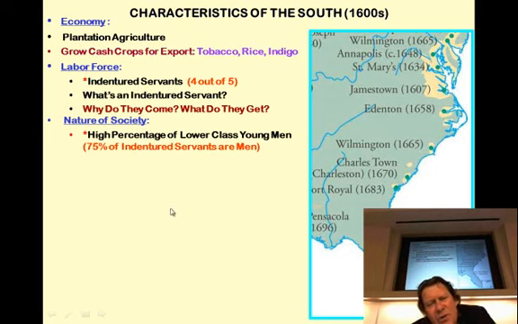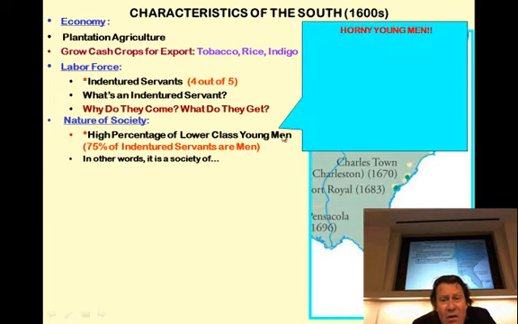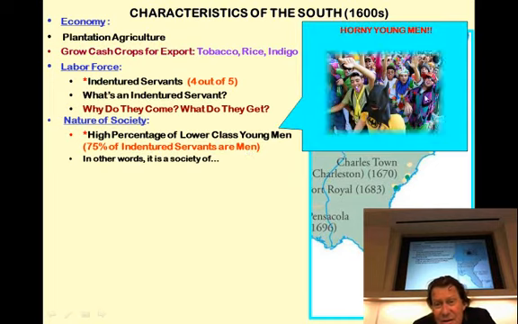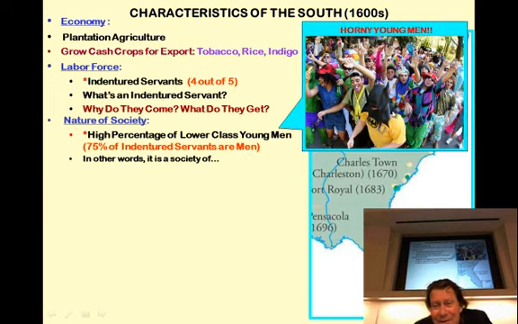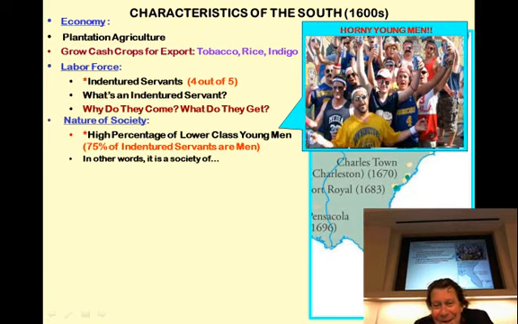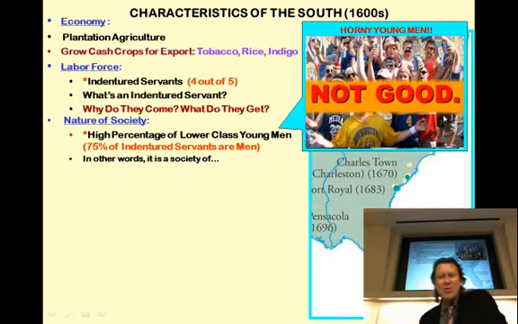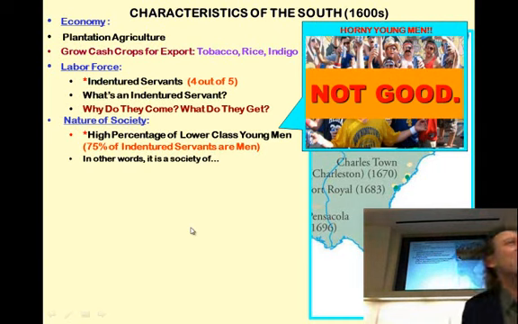Just think about what a weird society that is. And inadvertently, they had created a society of, let me put this in plain terms, a society overwhelmingly dominated by horny young men, like these dudes here, like these idiots here. And that's no good. Everybody knows that.